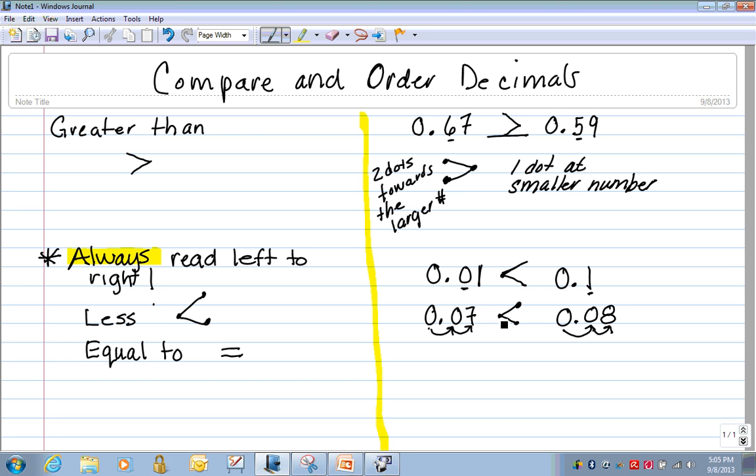If I would like to compare these two numbers, I'm going to write 7/10 this way, and I'm going to write it this way. If I look at my whole number, 0 and 0, they're equal. I need to go to my next place value over, and that is 7/10, and they're the same.